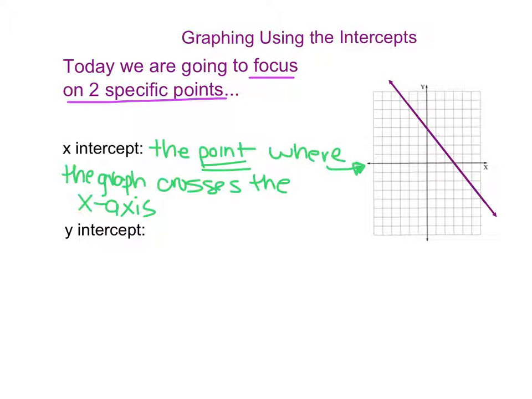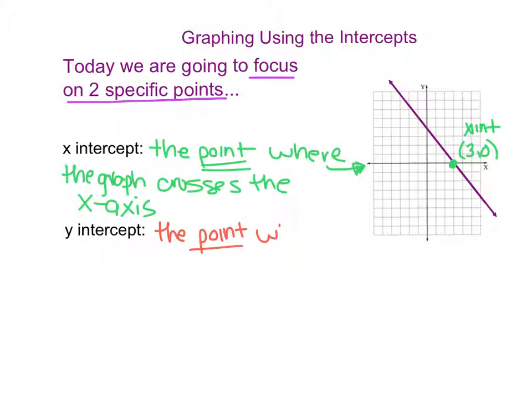So the point where our line in purple crosses the x-axis is called our x-intercept. On this particular graph, it's the point x is 3, y is 0. So this is our x-intercept point because it is the point on the graph where we cross the x-axis.